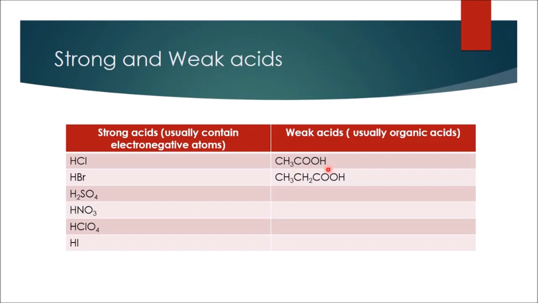They have carbon and hydrogen. So any acid that has carbon and hydrogen will be a weak acid. I'm giving you this tip to identify strong and weak acids. You can classify acids on the basis of these two things. Any acid that has an electronegative atom is strong, and any acid that has carbon and hydrogen is weak.